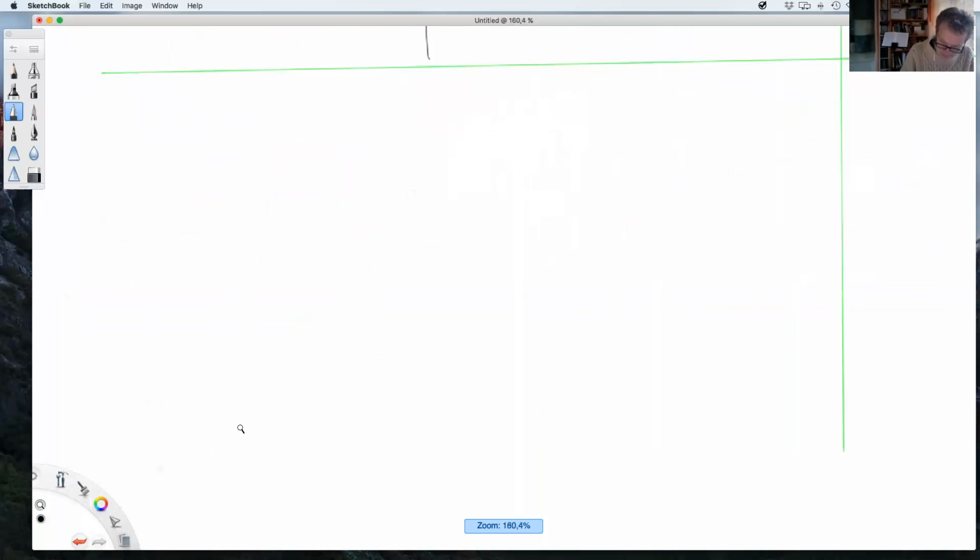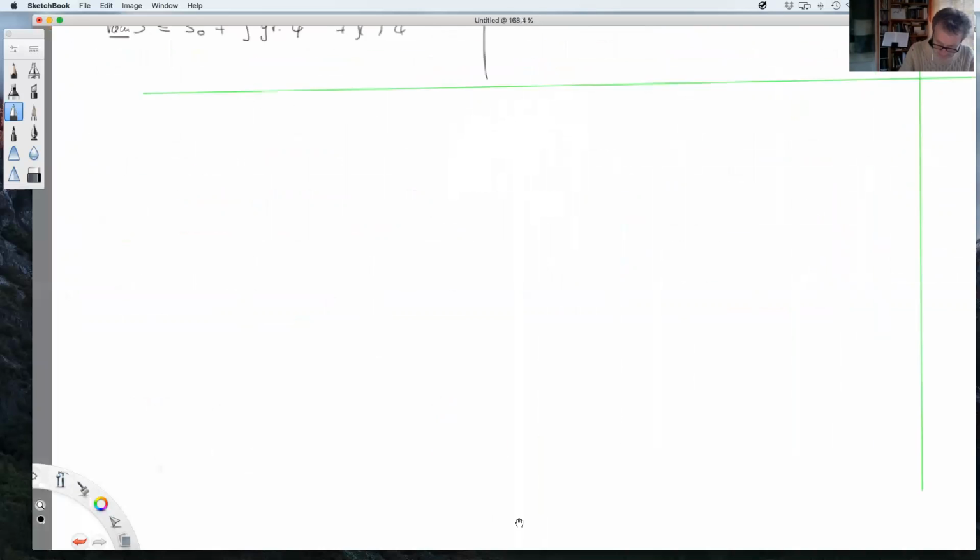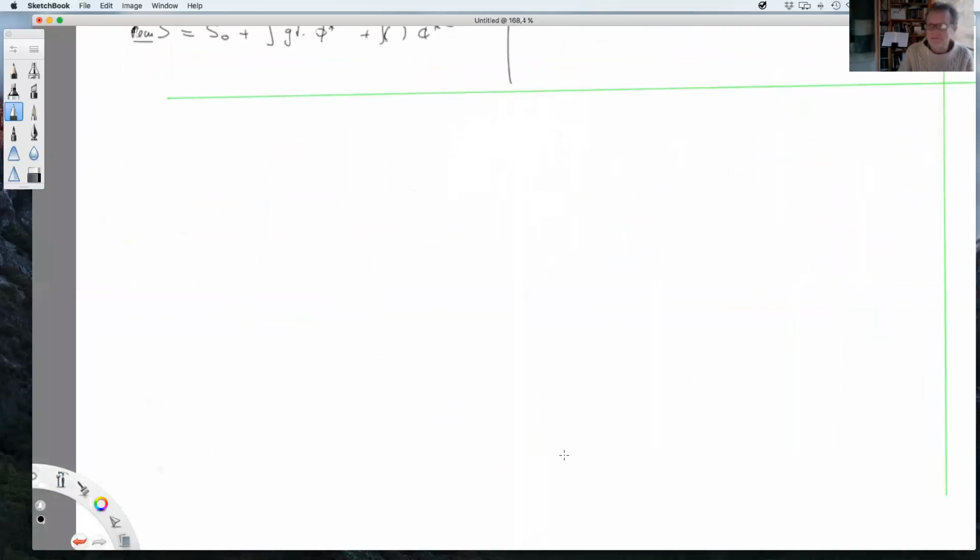Okay, so now, if we want to mimic this string program for the point particle, we should start with a world line. And there is, of course, a world line formulation of the point particle, but it's got to be relativistic. So let me start with a relativistic point particle.